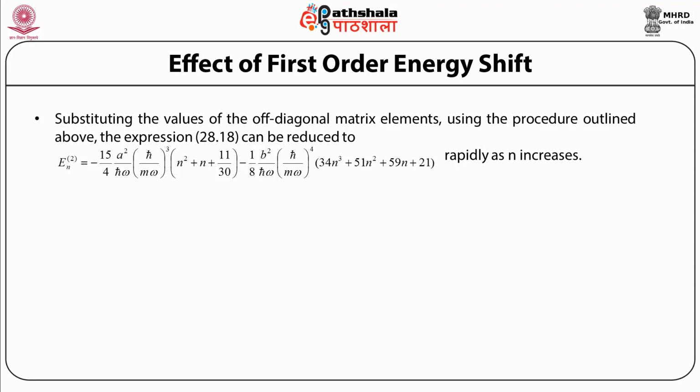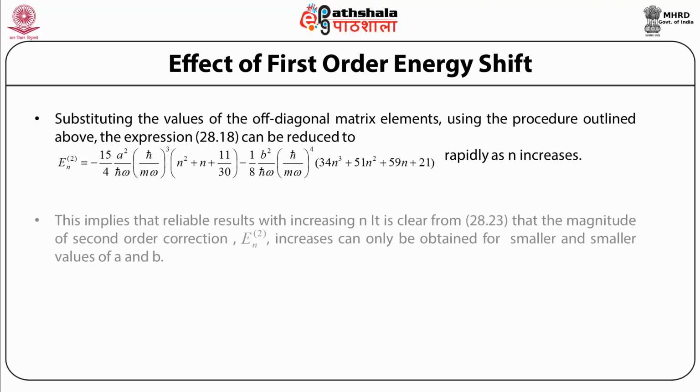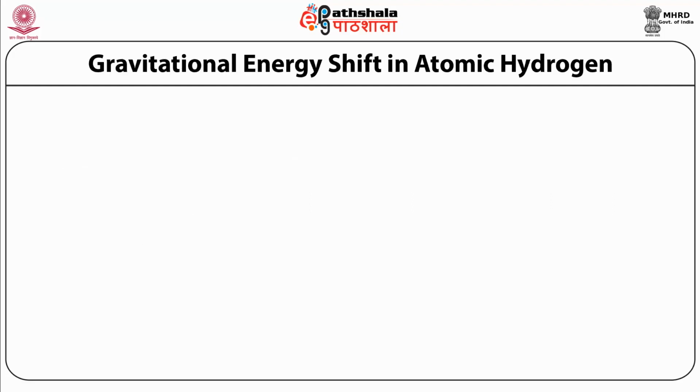It is clear from 28.23 that the magnitude of the second order correction En2 increases rapidly as n increases. This implies that reliable results with increasing n can only be obtained for smaller and smaller values of A and B.